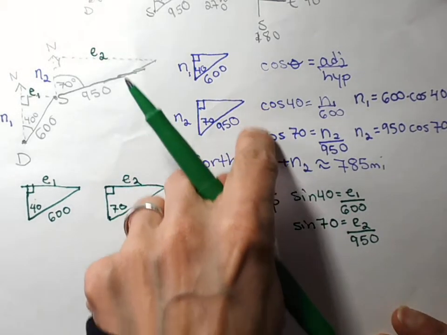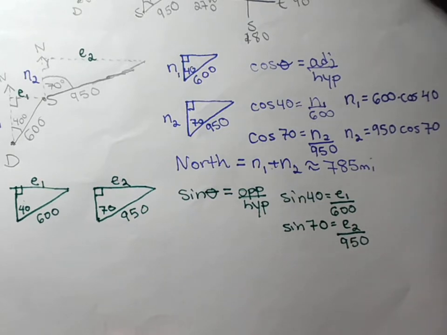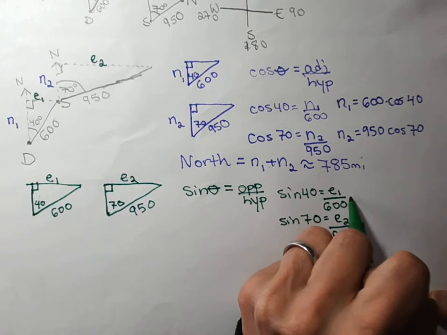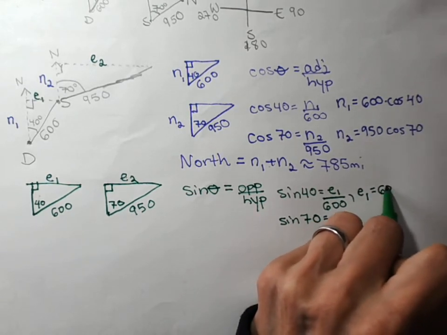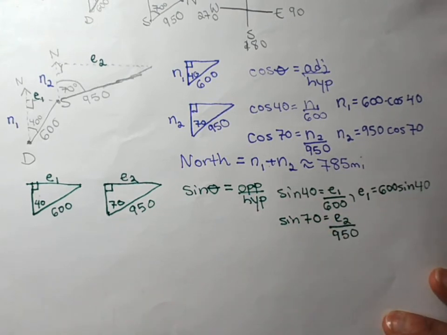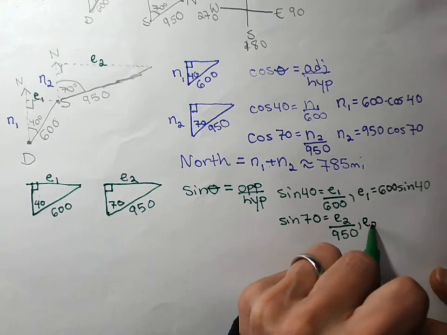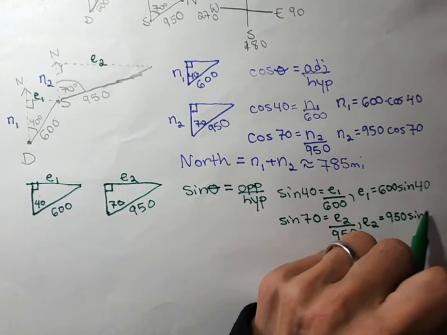And just like up here, to get those distances, multiply both sides by your denominator. And so the first east distance is 600 times the sine of 40. And the second distance is 950 times the sine of 70.